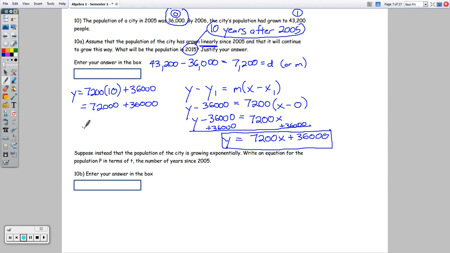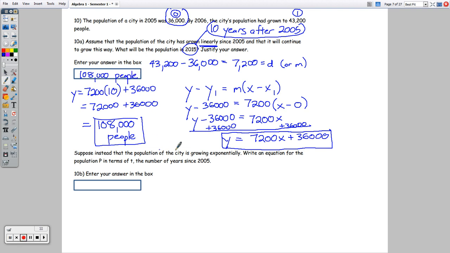So the population in 2015, assuming this linear growth continues in the same way, adding 7,200 each year, would be 108,000 people that we would expect to be living in this city in 2015. So I'll put that in here as well.